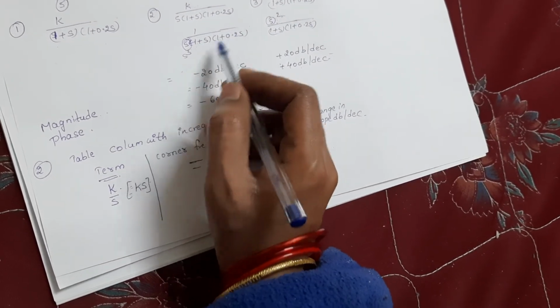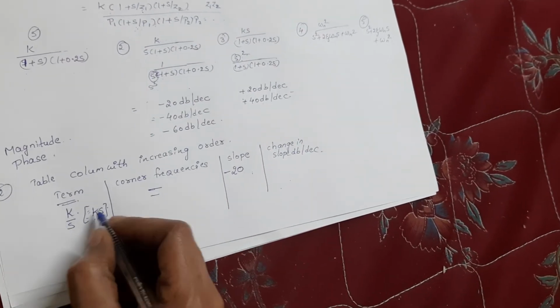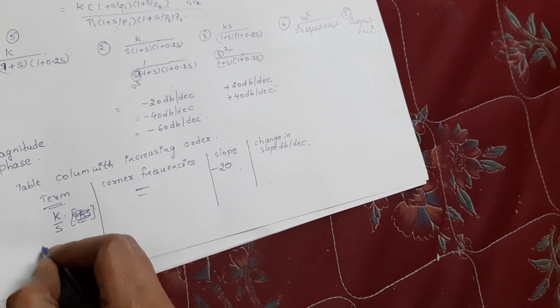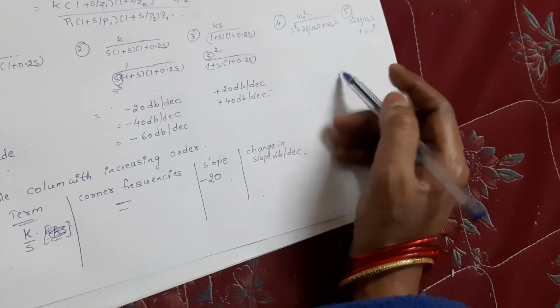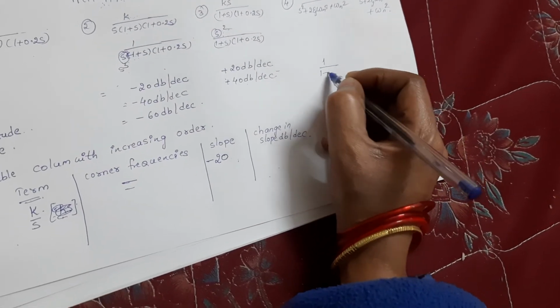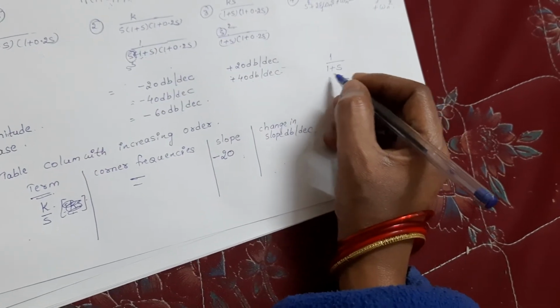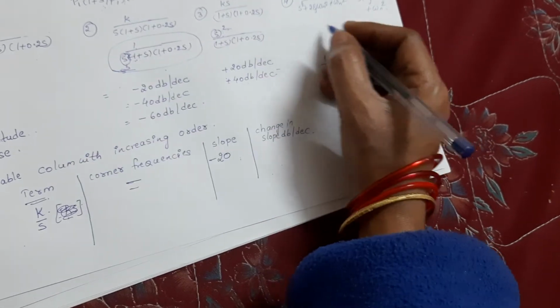let us write this tabular column for this problem. This means K by S, sufficient K by S. Next we should write this term, so write here 1 by 1 plus S. First change this term to omega.